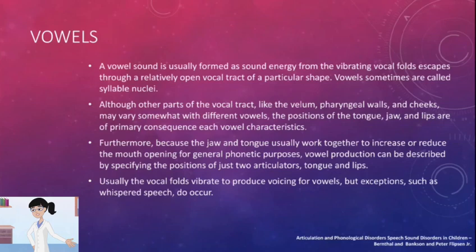Also, the jaw and tongue usually work together to increase or reduce the mouth opening for general phonetic purposes. Vowel production can be described by specifying the position of just two articulators, that are the tongue and lips. Usually the vocal folds vibrate to produce voicing for vowels, but exceptions, such as whispered speech, do occur.